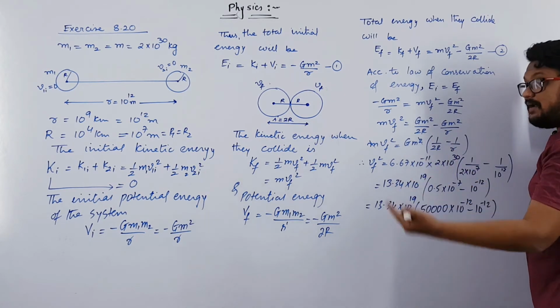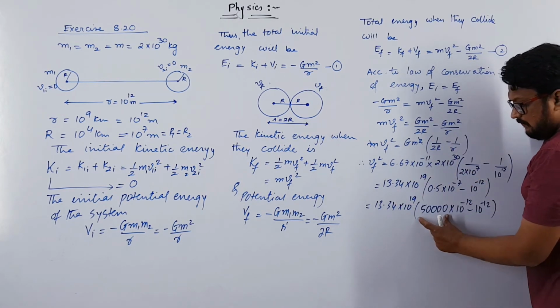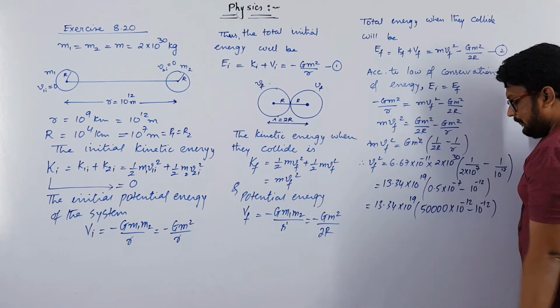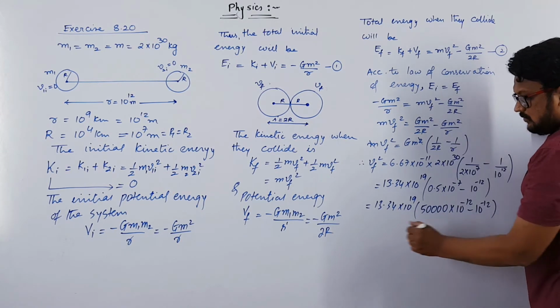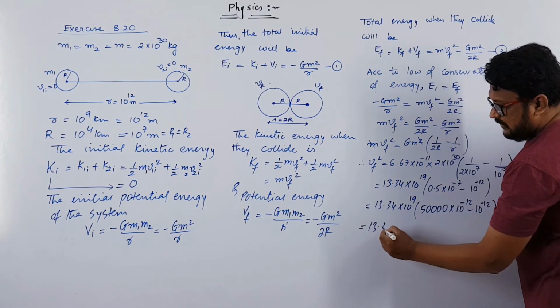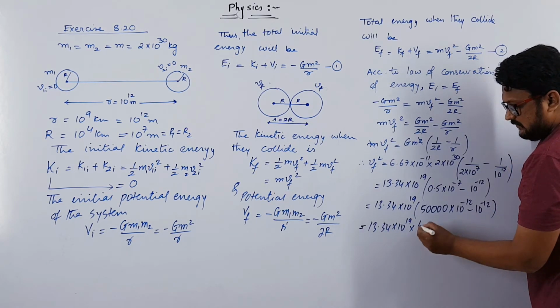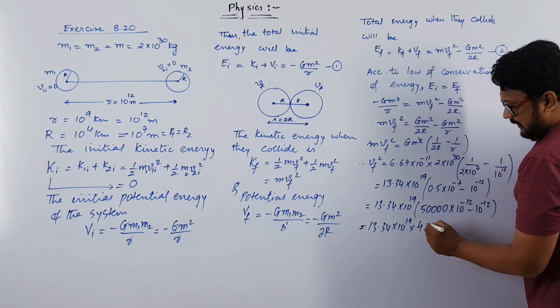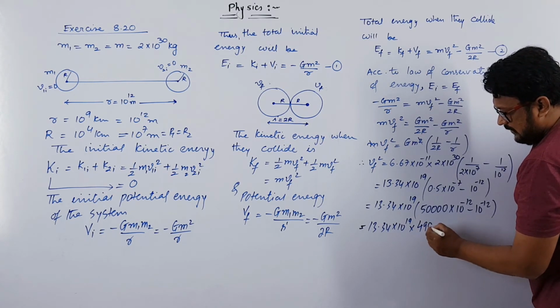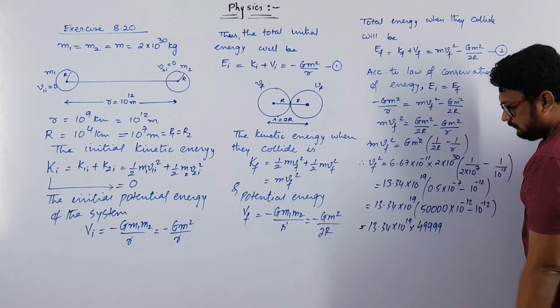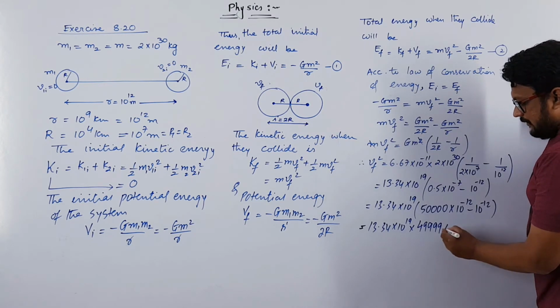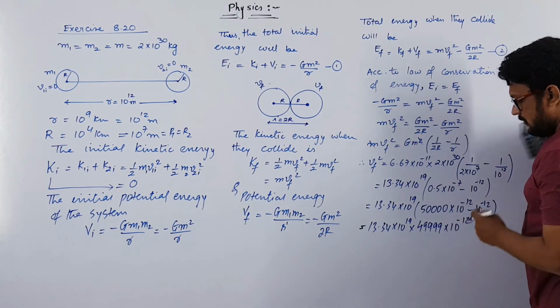And if you multiply by 10 to the power 5, this will be 50,000. Clear? So 50,000 minus 1. So we'll get 13.34 into 10 to the power 19 into 50,000 minus 1 is 49,999, 49,999 into 10 to the power minus 12.